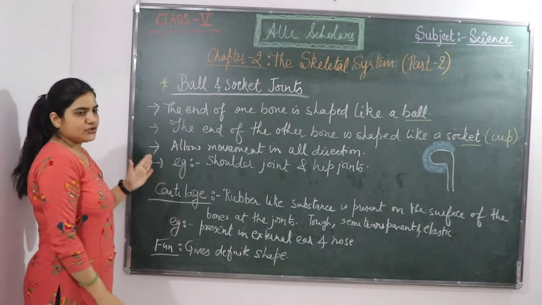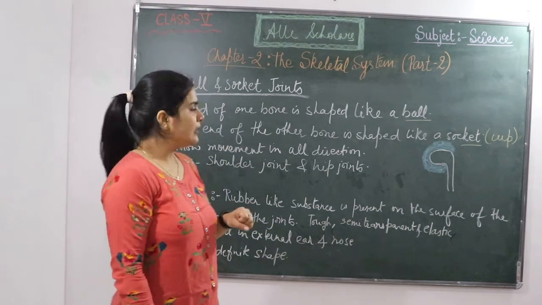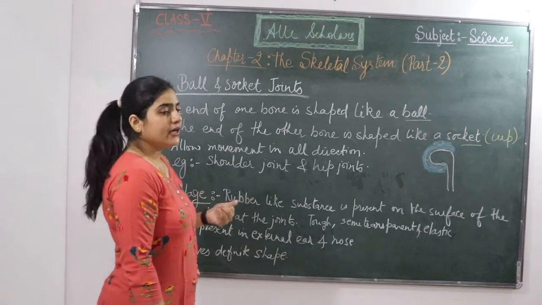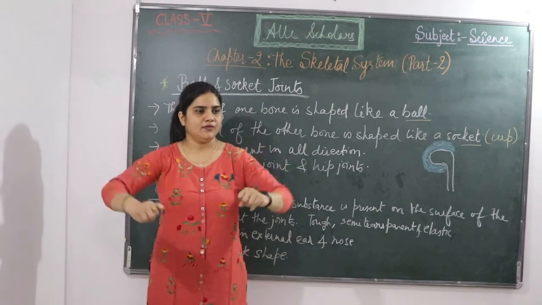This type of ball and socket joint allows movement in all directions. Examples are our shoulder joint and our hip joint. Our shoulder joint, we can move like this and like this.